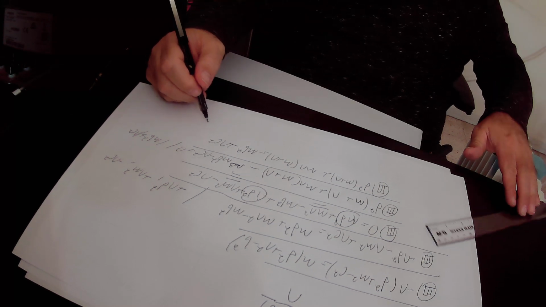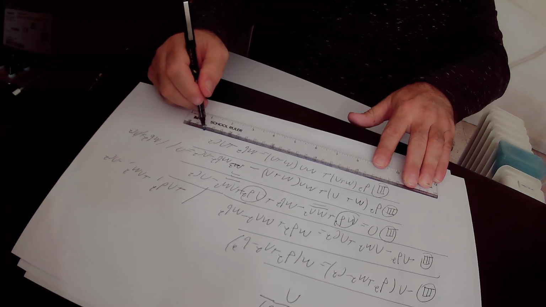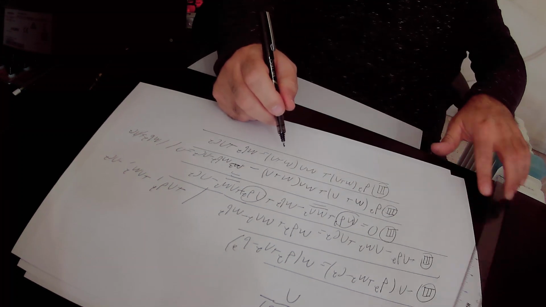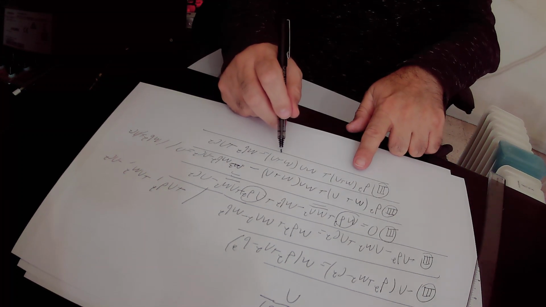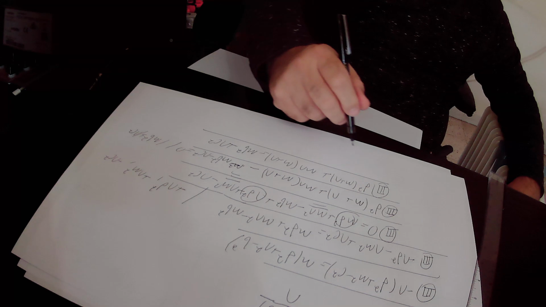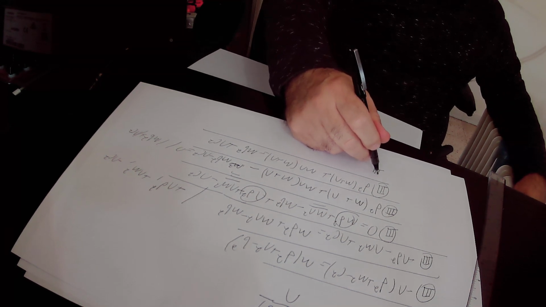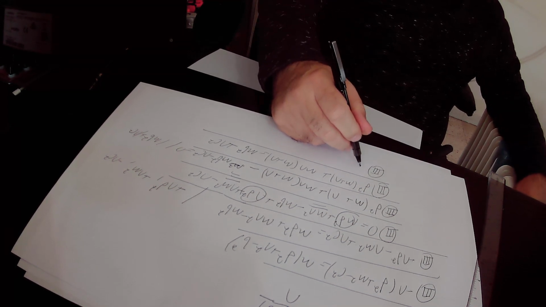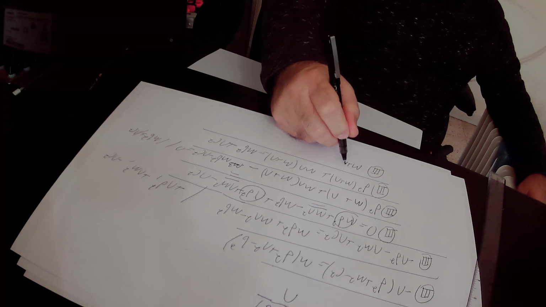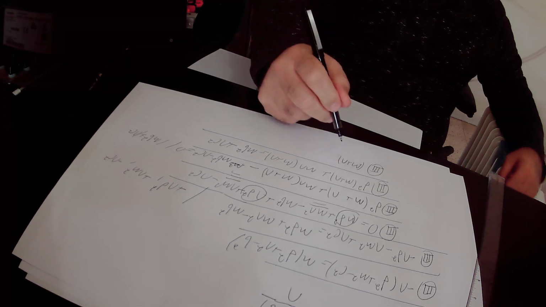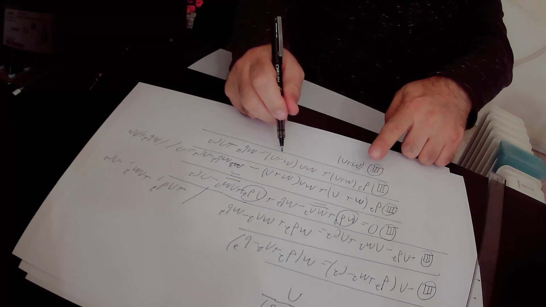Okay, in the next step we'll take out m plus n as a common factor from those two expressions. So m plus n is taken out of those two expressions as a common factor.